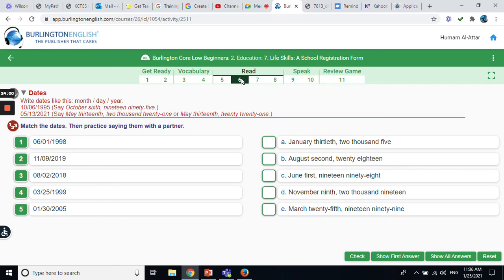Okay. On this exercise, we need to put the dates in this form: month, day, year. Okay? So if you look here, 10/6/1995, we say October 6th, 1995.